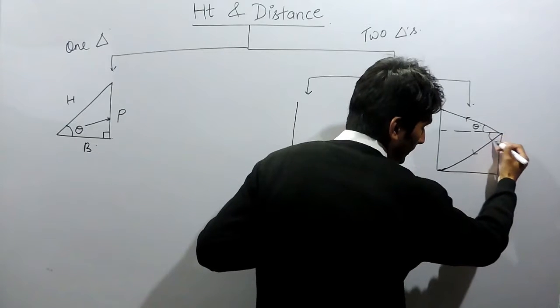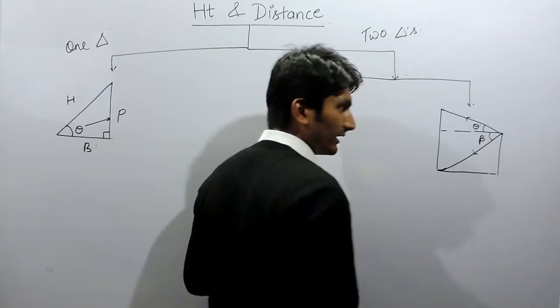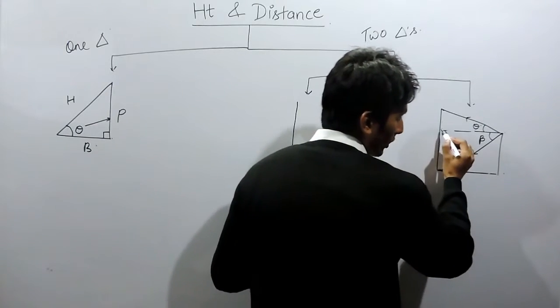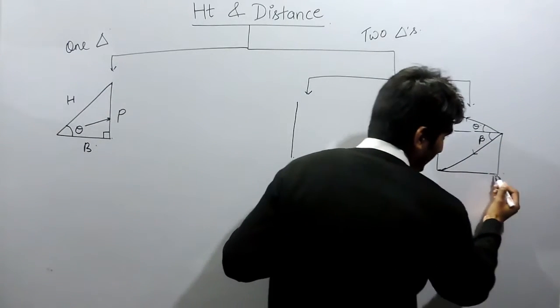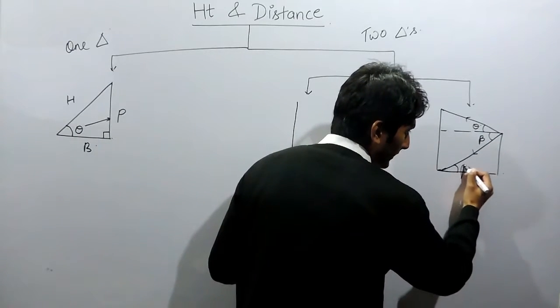So actually this angle can be considered beta, is given to you, but because this line and this line are parallel, the angles this and this will be equal.